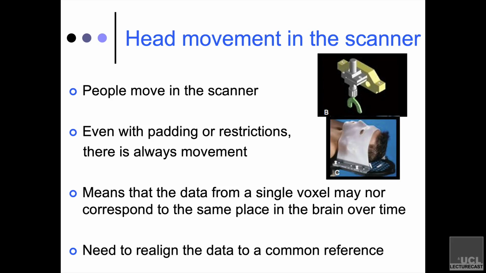And it turns out that historically people have tried to do fairly dramatic things to get them not to move. One of which is to include bite bars. So that is to take like a dental mold of the individual subject, create with a dental concrete, such that you're positioned, when you're in the scanner, with your teeth exactly in the right spot.